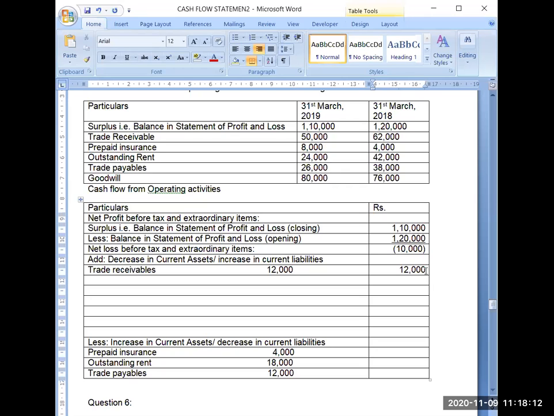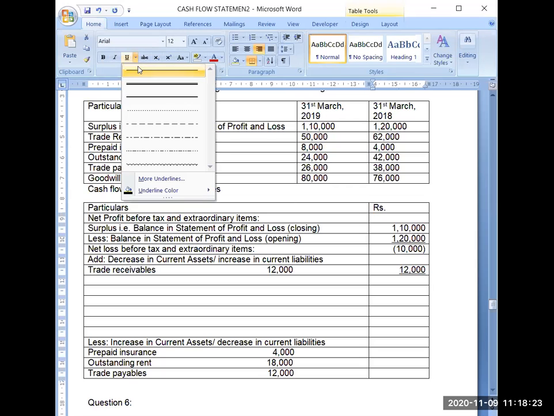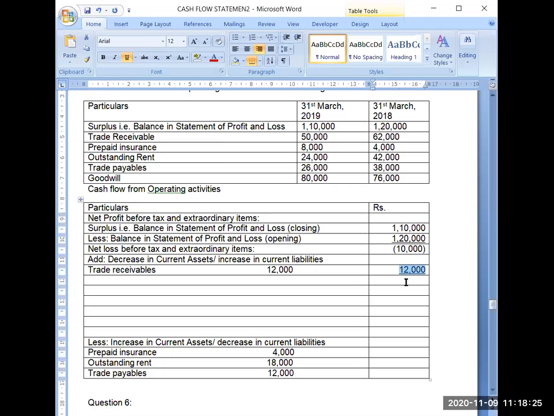So when we add a positive amount to a negative amount, it automatically becomes subtraction. What will be the result in that case? The result will be 2,000, because the plus amount is more than the negative amount, that's why the answer will be positive. You have to be careful about these things.